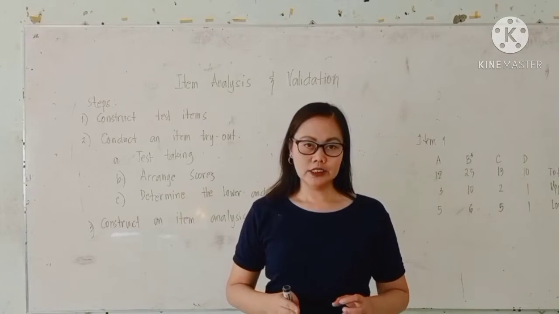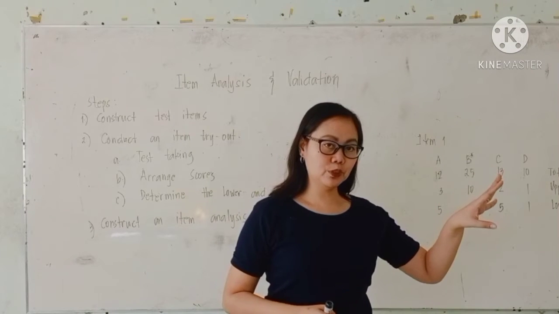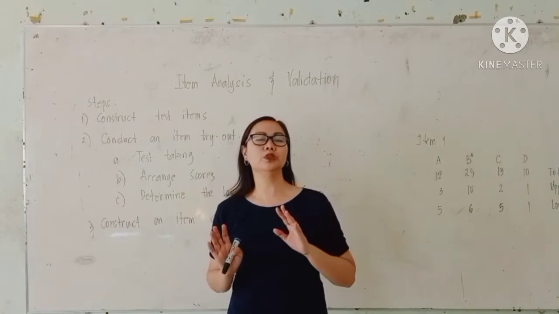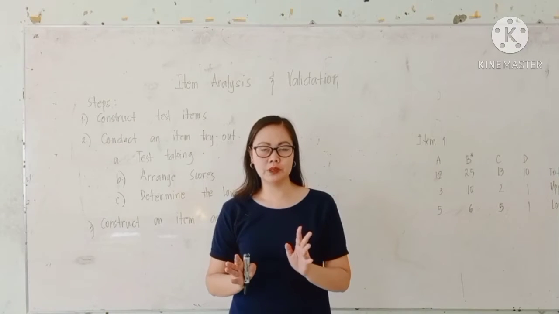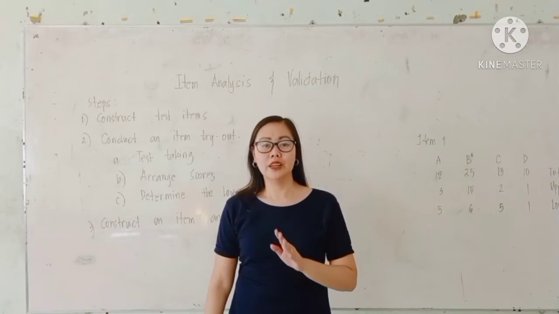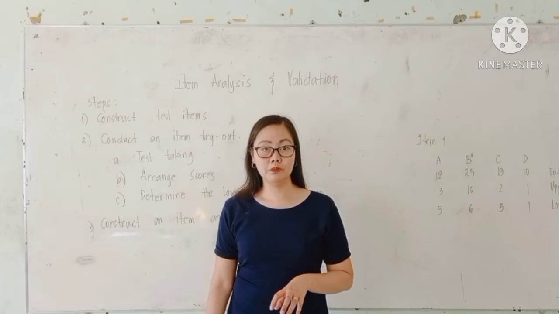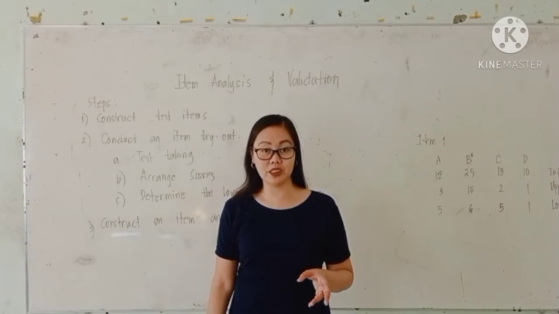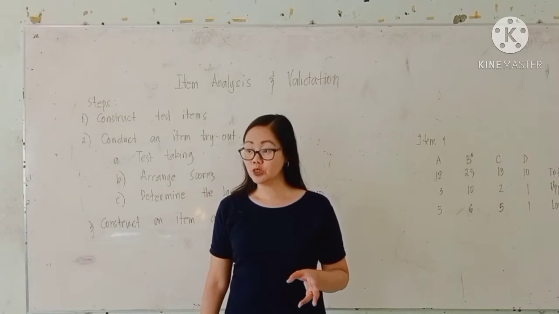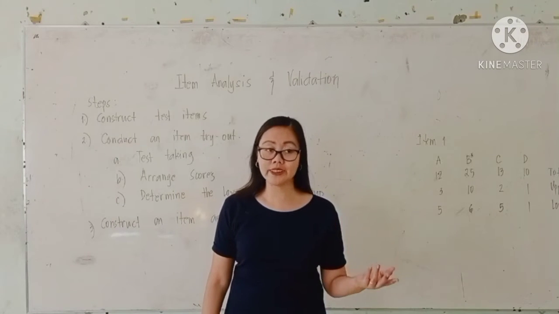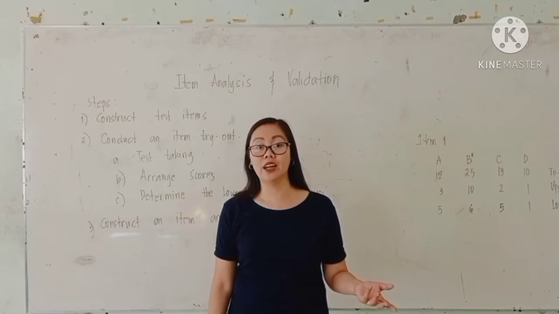Hahanapin mo sino yung mga nasa upper group dun sa test na particular na yun at sino yung nasa lower group. How do you determine the upper group and the lower group? Okay? The upper group and the lower group, maybe 27% of the class, while other groups would say that it's 30% of the class, while other groups would say that it's 25% of the class.